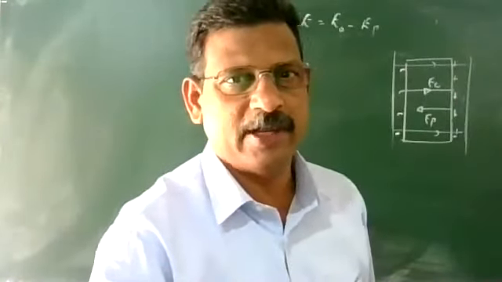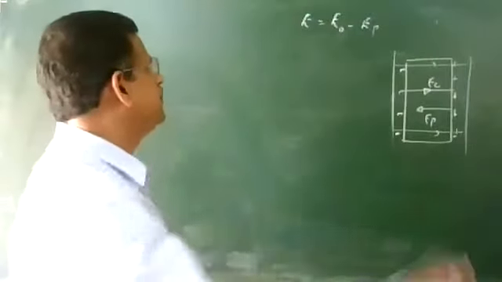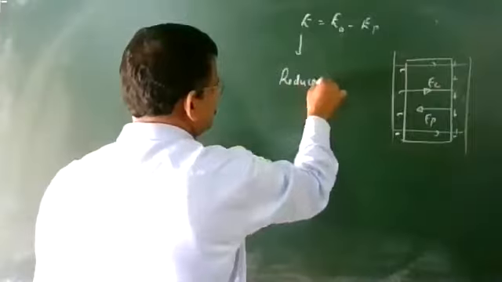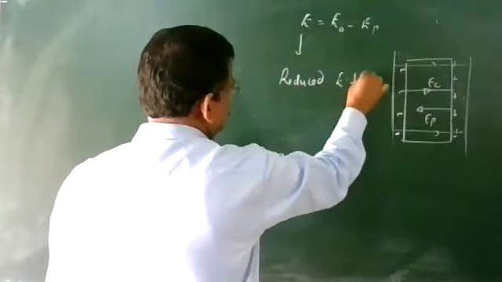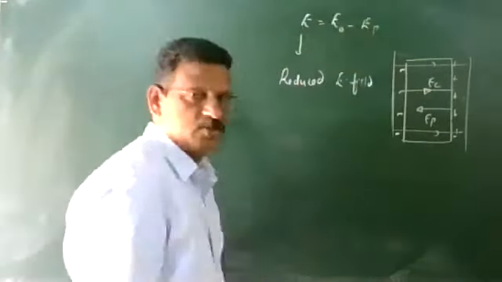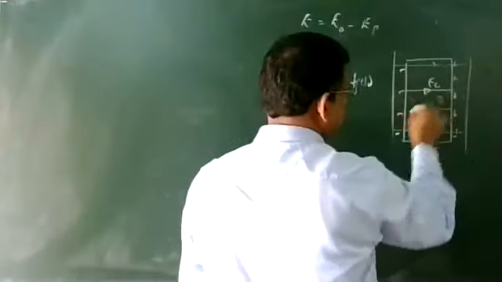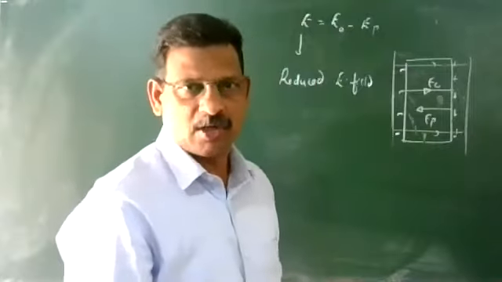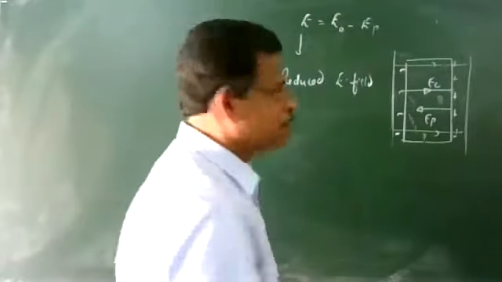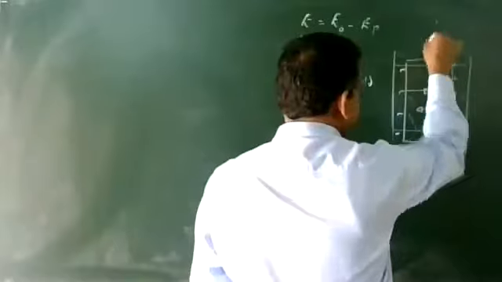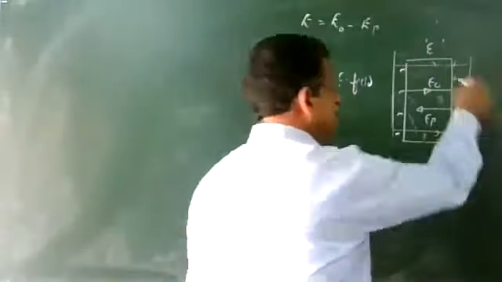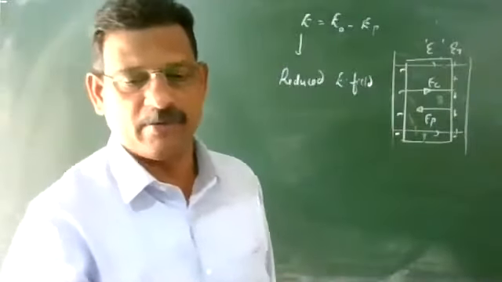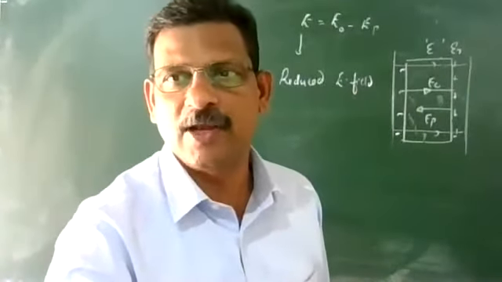Yesterday we gave a name for E. What is the meaning of E? E is called the reduced electric field. This is the dielectric material, which has a dielectric constant epsilon R. Epsilon stands for permittivity and epsilon R is the relative permittivity. Relative permittivity can also be defined in terms of electric field.